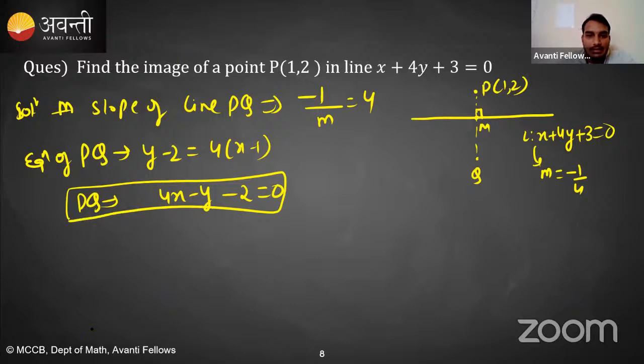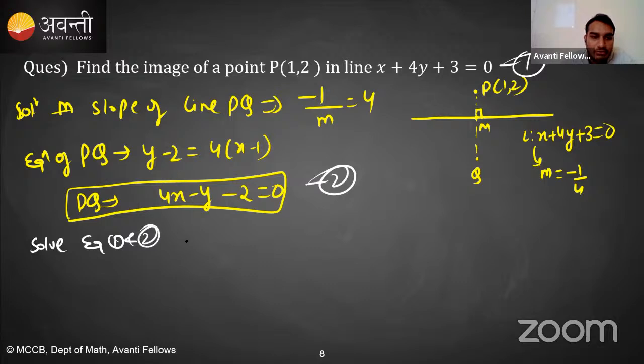Now I need to solve. Let's call this equation 1 and this equation 2. Solve equations 1 and 2 to get point M. How will we solve? Just multiply equation 2 by 4. What I'm doing is equation 1 plus 4 times equation 2.